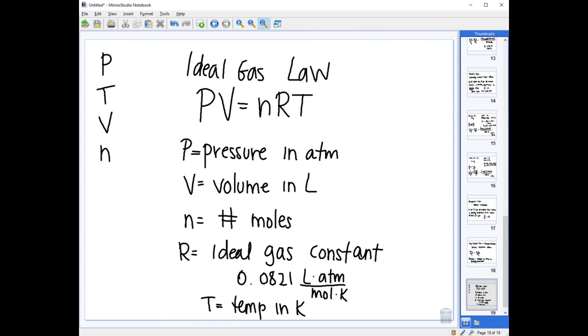So if you're looking for N, which is moles, then you're going to be able to cancel out atmosphere, liter, and Kelvin, and your answer will be in moles. That's why these units are very specific, and we have to have them in each specific unit.